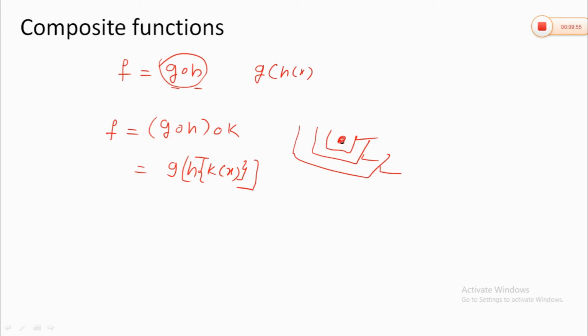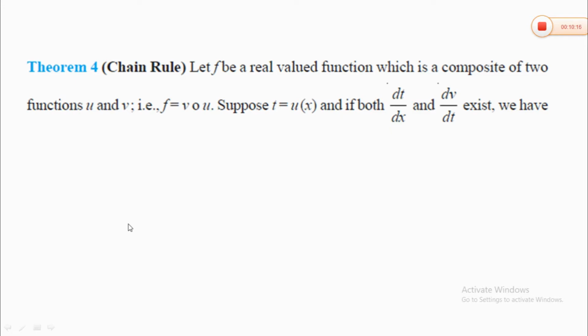In the same manner, to find the derivative of composite functions, we have to differentiate the functions either from innermost to outside or from outermost to inner side. The problems of this kind are solved using the chain rule.